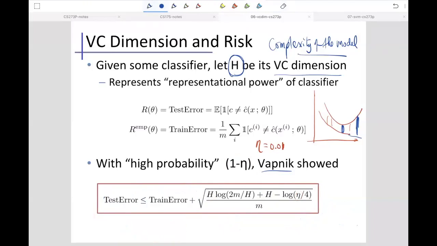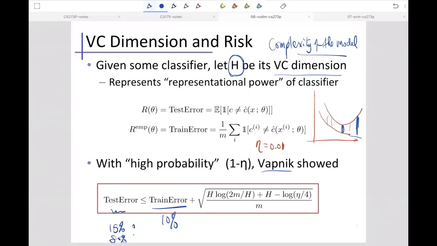Suppose your training error is 10%. You learn from the models and you say, well, overall I can achieve 90% accuracy. And I want to know now, for this model, how good is the test performance? Is the test error going to be 15%, slightly worse, or is it going to be 80%, very much worse?